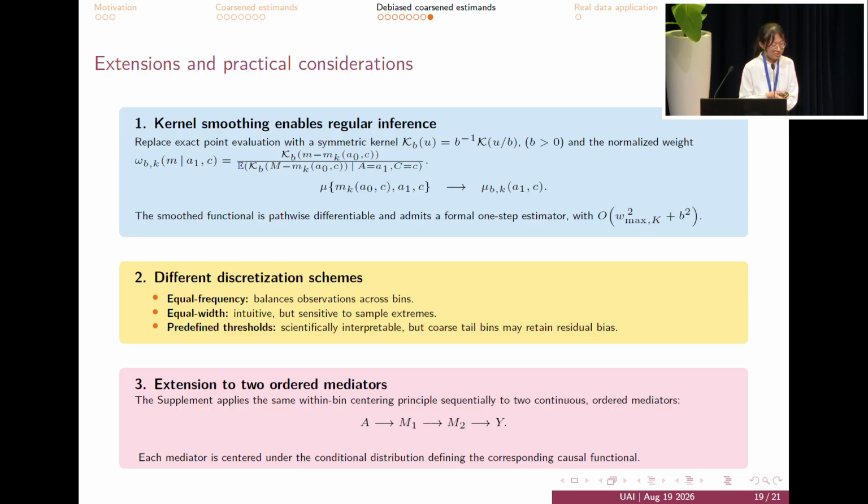Yes, good question. We have this extension in the supplement, but when we extend to the two-order mediator, we found it is not very easy to make the first order term average out. So I haven't tried, but I think it may be complicated if we want to extend to more mediators. Okay, thank you.